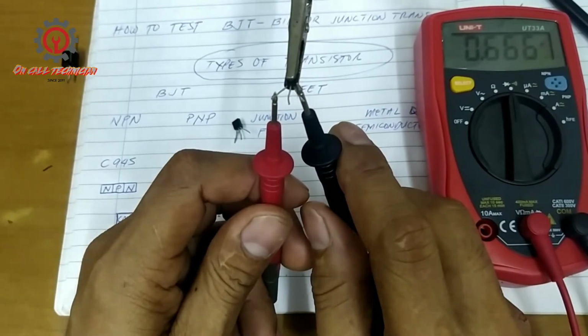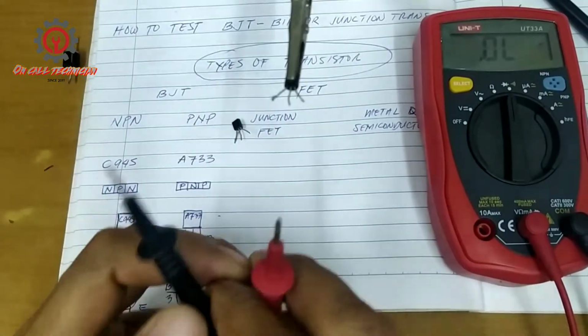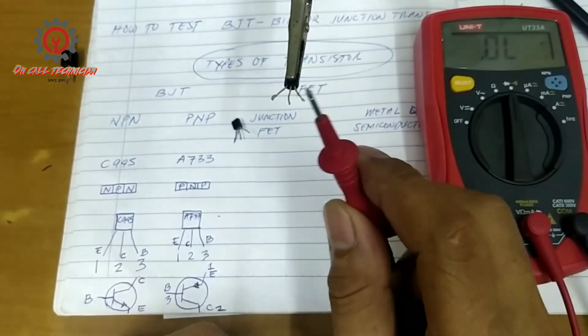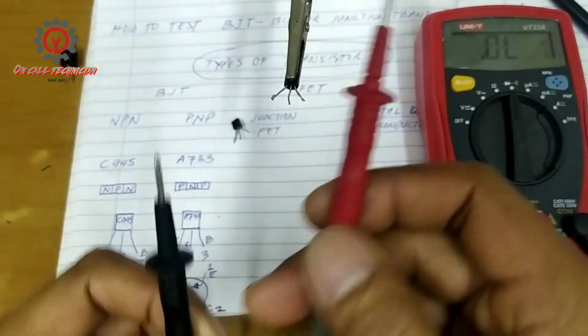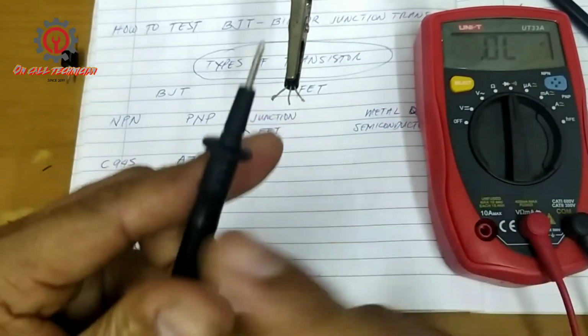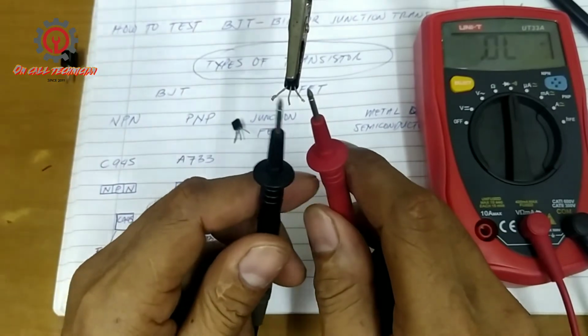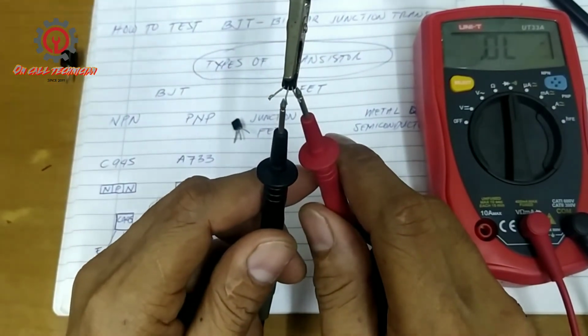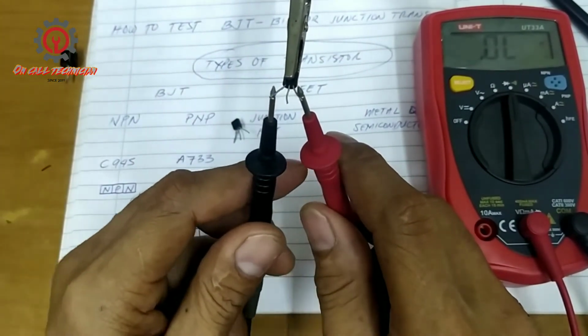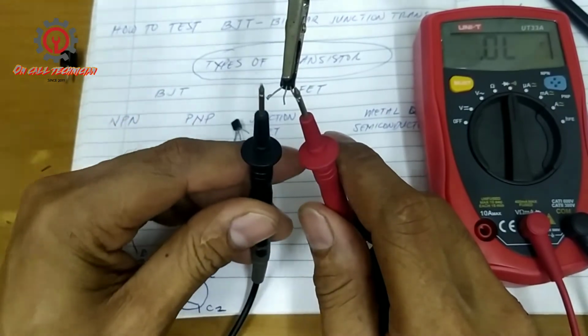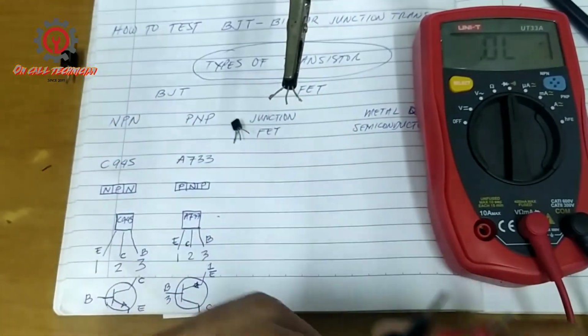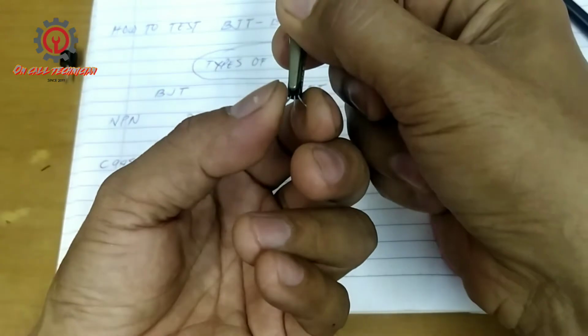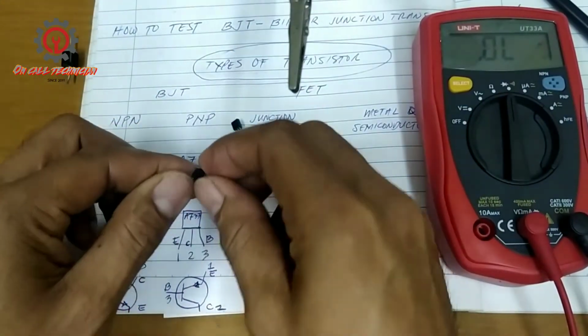And if I reverse the test rod, there must be no reading, because this one here is negative. Base to collector, no reading. Base to emitter, no reading. Therefore, this PNP transistor is good.